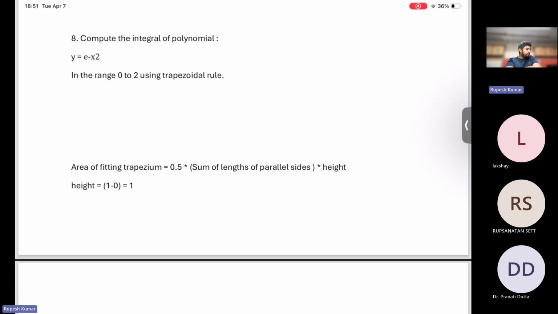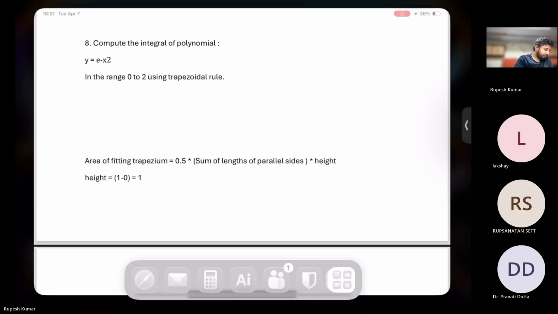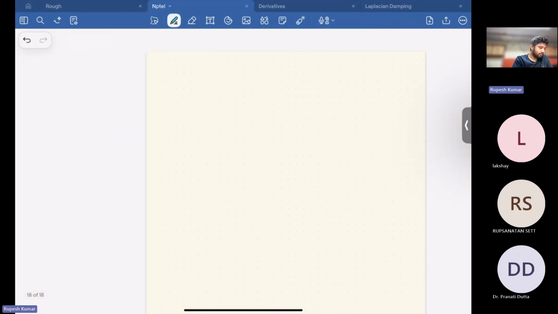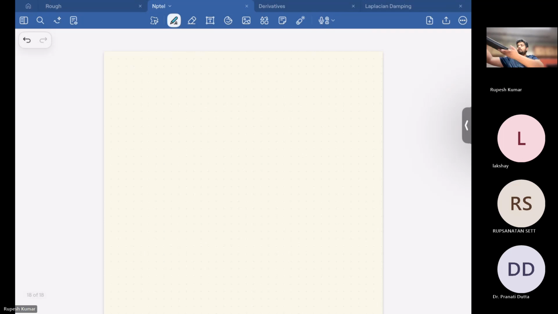Let's say you are given a function e raised to the power x squared, and you want to find the area under the function for x between 0 and 2. So now we move on to integration problems.